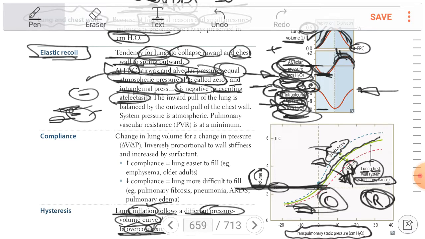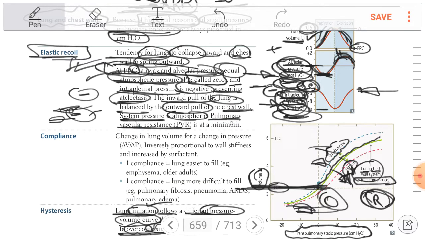So the inward pull of the lung is balanced by the outward pull of the chest wall. Then system pressure is atmospheric at this point, functional residual capacity, a balance between chest wall and lung. Then pulmonary vascular resistance is at minimum at functional residual capacity.